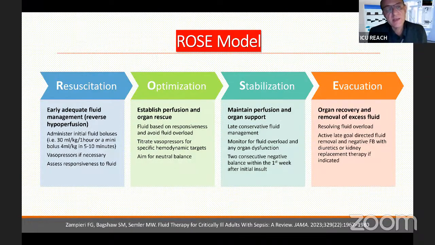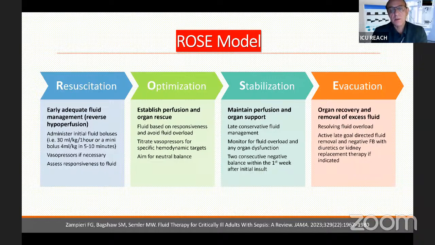And the Rose model would take you through phases from resuscitation, which is the early adequate fluid management. This is what the Surviving Sepsis Campaign would advise, to be aggressive in fluid resuscitation in the early phase of resuscitation. This phase would be followed by optimization. And the optimization goal would be to establish perfusion and organ rescue. And this would be based on whether the patient is responsive to fluid or not.